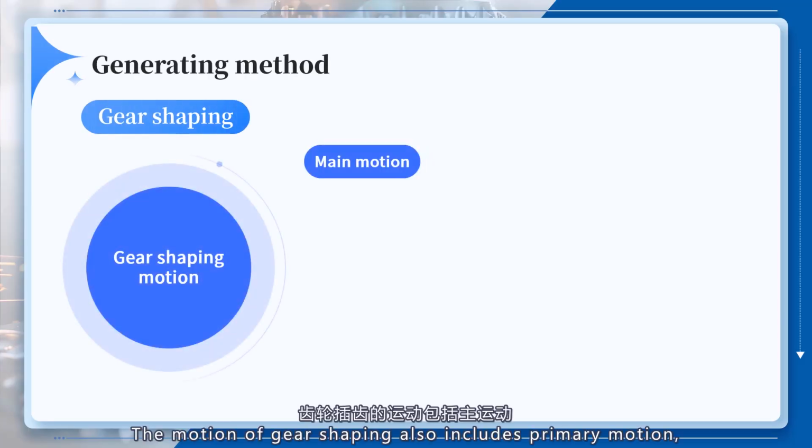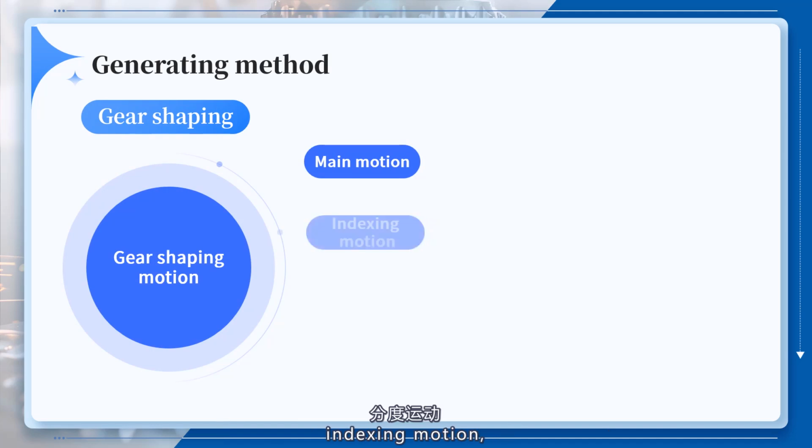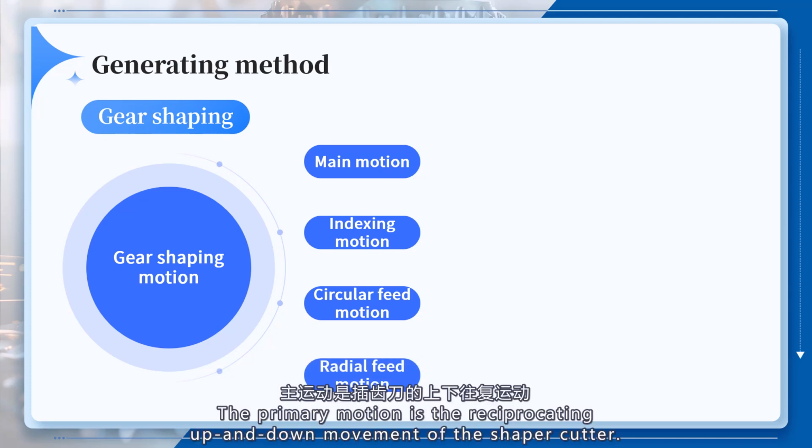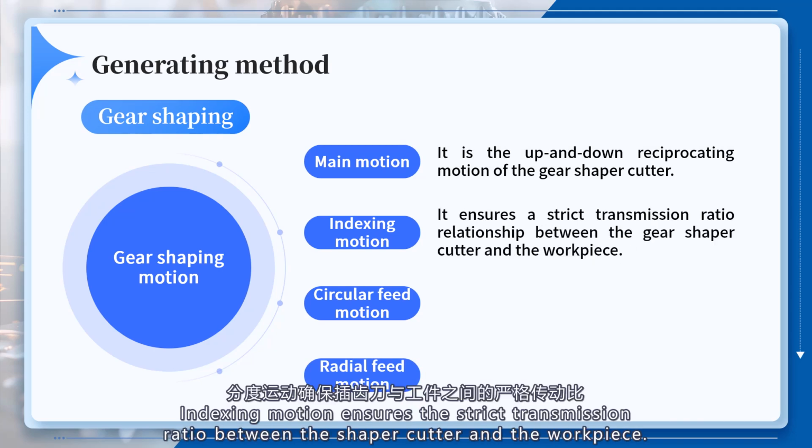The motion of gear shaping also includes primary motion, indexing motion, circumferential feed motion, and radial feed motion. The primary motion is the reciprocating up and down movement of the shaper cutter. Indexing motion ensures the strict transmission ratio between the shaper cutter and the workpiece.